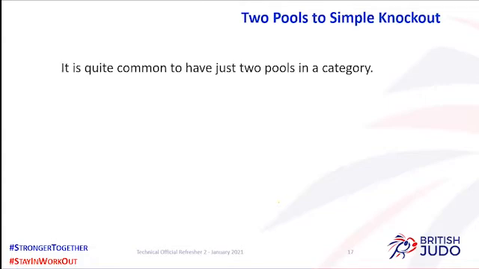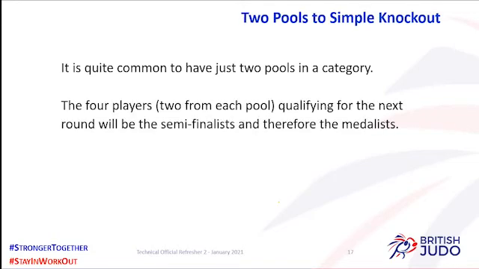The entries are quite often fairly low, so you'll have 3, 4 or 5 maybe in a pool, and in all scenarios 2 people from each pool go forward into what is effectively, from 2 pools, the immediate semi-final.